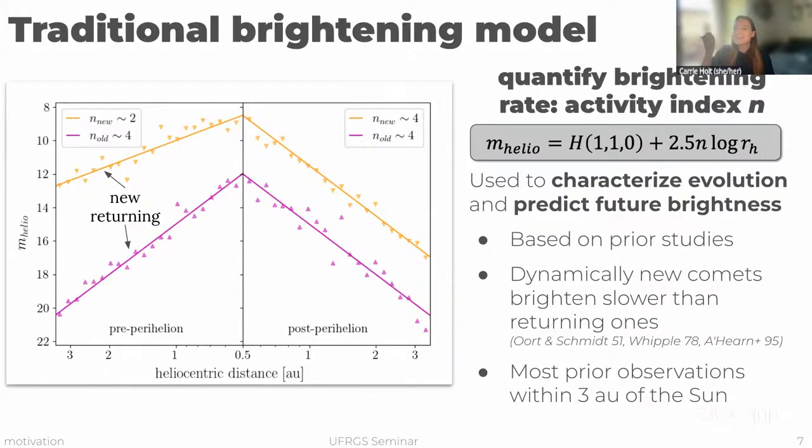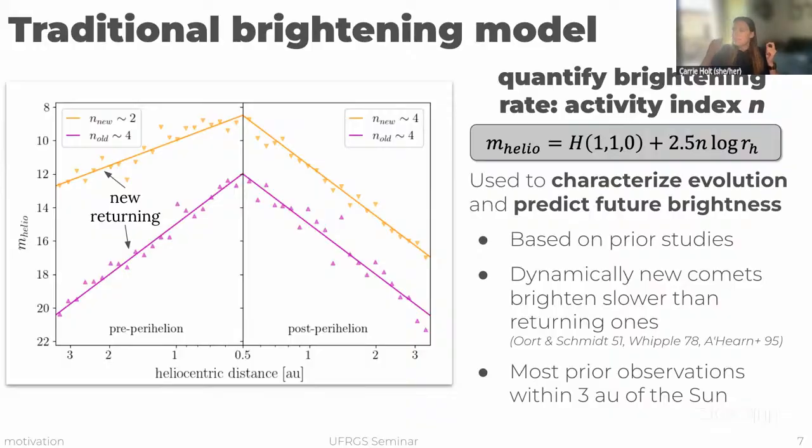Traditionally, we do see a difference between new and returning comets in how they brighten using broadband photometry. I'm showing that here. We use a parameter called an activity index, or n, which you can think of as the slope of brightening. How steeply is the comet brightening, which is related to its activity level.